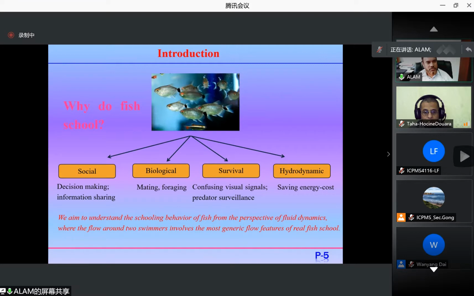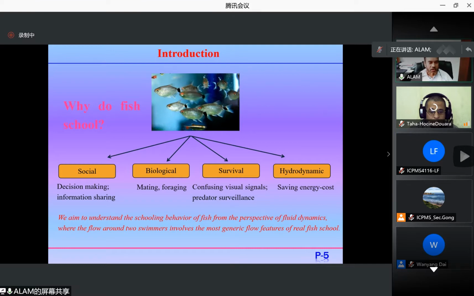One is the social, like humans: decision making, information sharing, and also in the biological aspect, mating, hunting, foraging, and also for survival purposes, like to confuse visual signals and for predator surveillance, and in terms of hydrodynamics, saving energy.